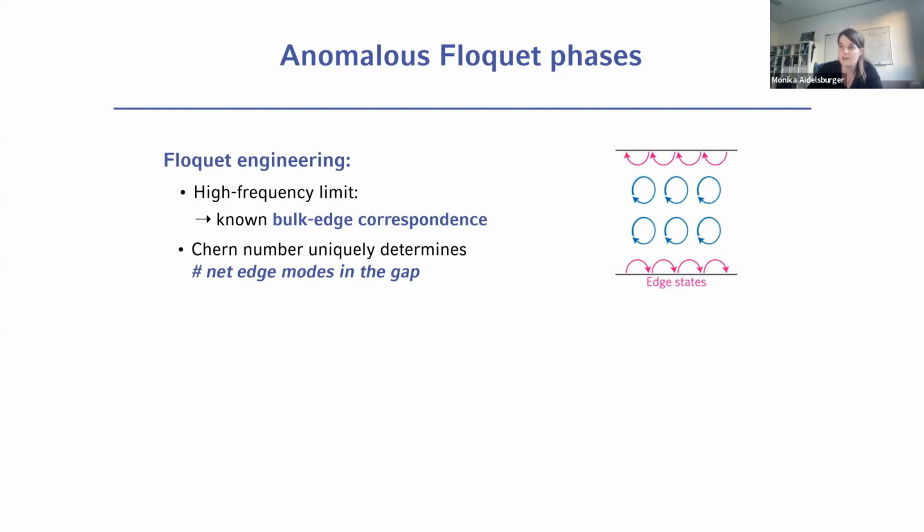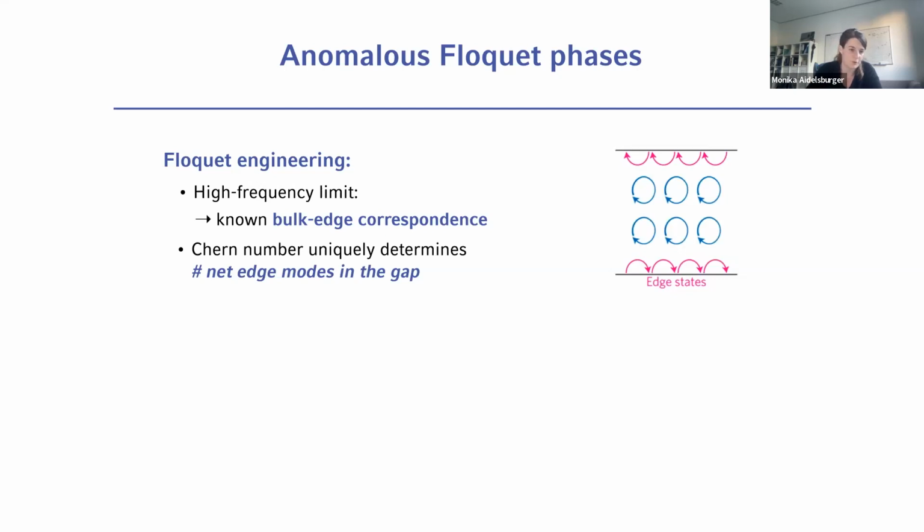Now, this works beautifully in the high frequency driving limit. Basically, we have designed driving protocols where the modulation frequency is set to a very, very large value. We can compute a Floquet Hamiltonian using a perturbative expansion, for instance the Magnus expansion.